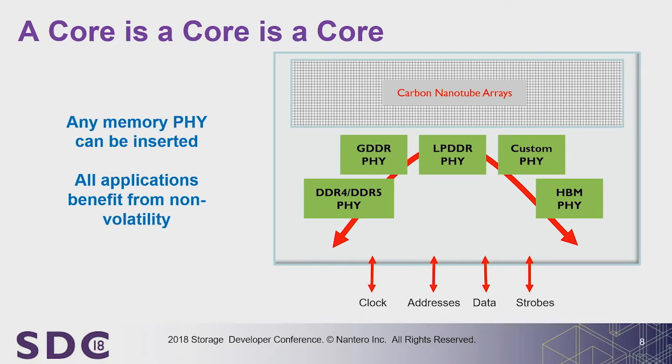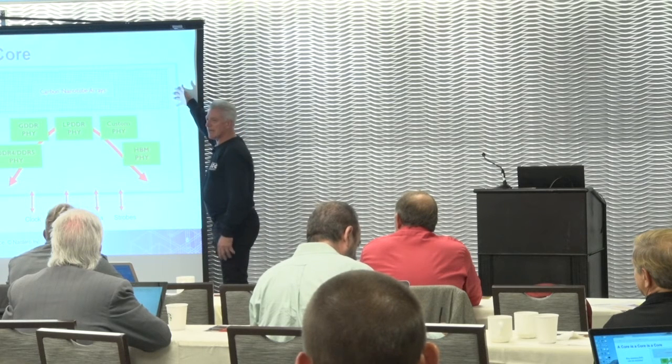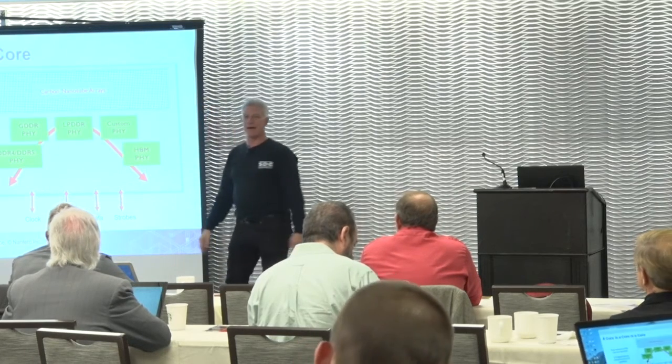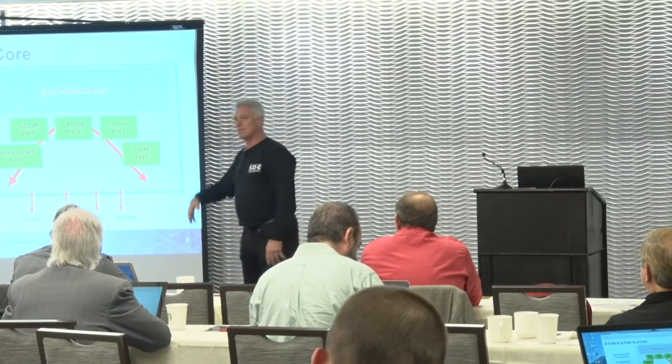Now that you have this core, what can you do with it? Well, we're just going to throw this array of carbon nanotubes into the background. And then we can attach any PHY that we need to it for the front end. Again, it's a 5 nanosecond persistent core. You can put a DDR4 or a DDR5 interface on that.